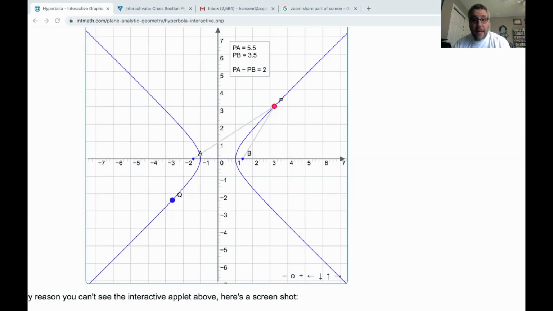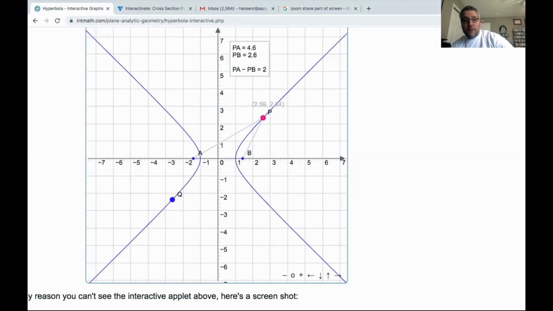If you look at this point P here, in pink, as I move it around the branch, you'll notice that the distances from the two foci, those individual distances, change. But when you subtract them, which is PA minus PB right here, it's a constant 2.